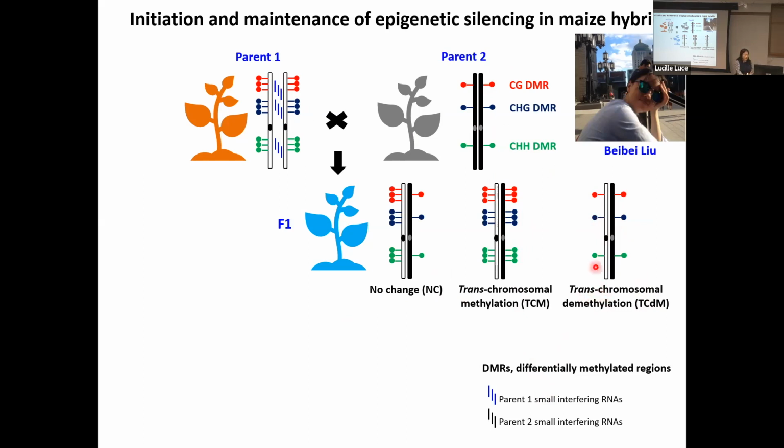When we have these different patterns of methylation or demethylation, we also want to check whether this kind of gained or removed methylation can be maintained to next generations. That's why we also examine the F2 generation.